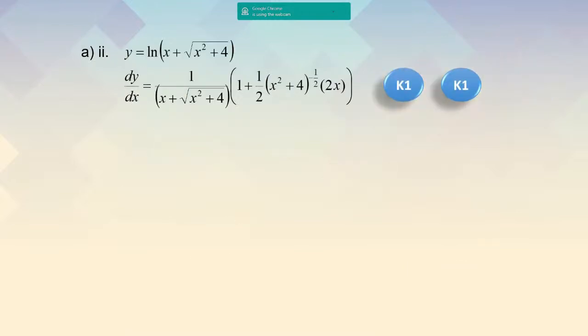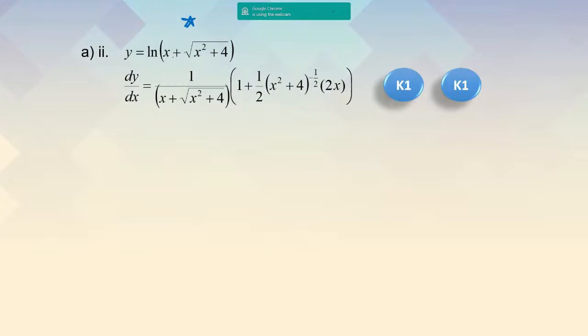Okay, next question, question 2, just direct substitute by using law of ln. So 1 over the function, this one is star or function, 1 over function, and then differentiate the function, differentiate star.